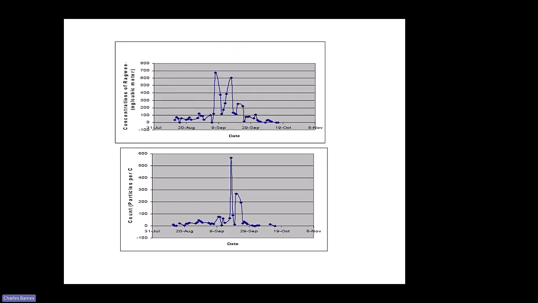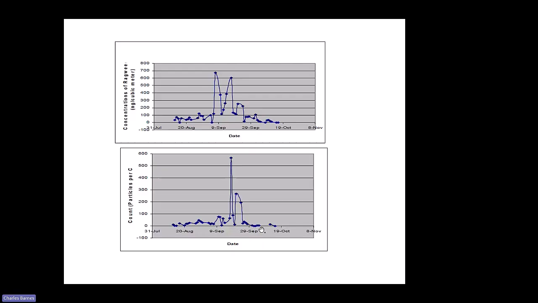We did this for ragweed a few years ago. We devised a ragweed assay from a polyclonal antibody. We measured the ragweed allergen concentration and compared it to the ragweed particle concentration.